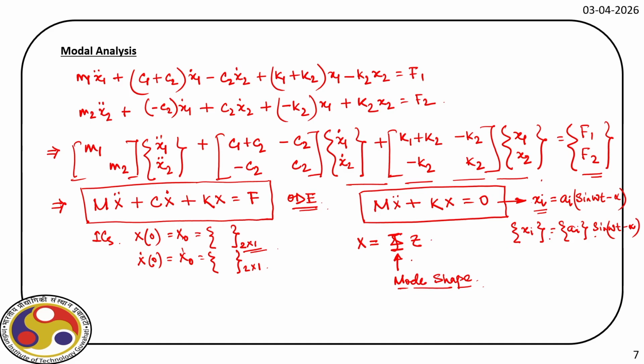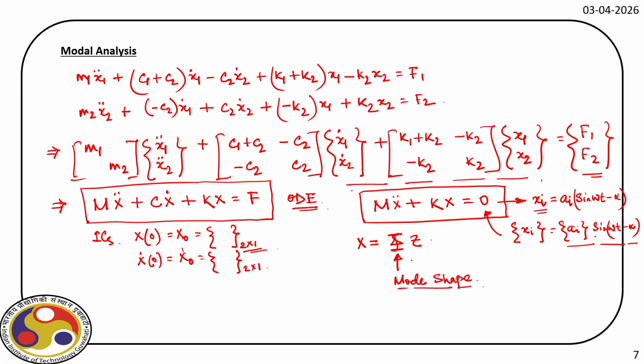Now you see, the moment we propose this trial solution, it must satisfy this equation. So we differentiate this twice, that is xi double dot. We differentiate the right hand side twice, so this omega will come out, and that will be minus omega square.